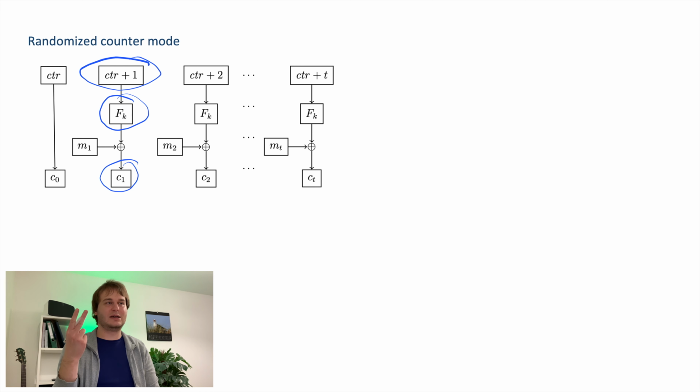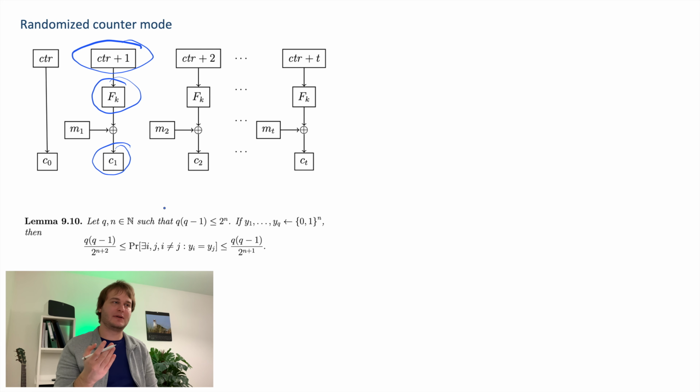Because then you get the same PRF value twice, and then you learn the XOR of these two messages. And that is exactly the scenario that we had in one of our lemmas. That's basically just if you do Q random choices, like we would be doing with these counter choices, then the probability that two of them collide is at least like this Q squared something. So essentially the same table that we just had applies here too.